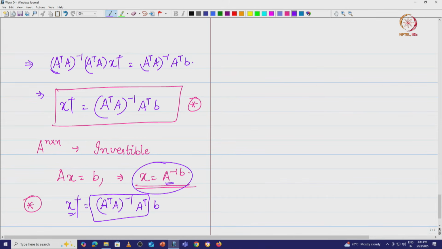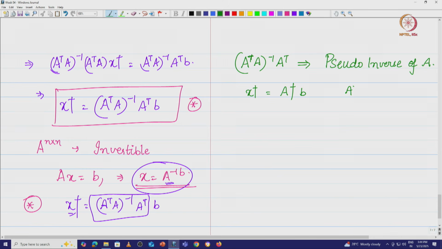So, we are going to give a name for this matrix A transpose A the whole inverse A transpose, and that name is the pseudo inverse of A. So, we have x dagger is equal to A dagger into B, where A dagger is the pseudo inverse, which is A transpose A the whole inverse A transpose.